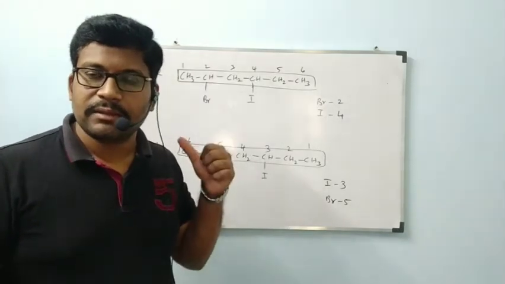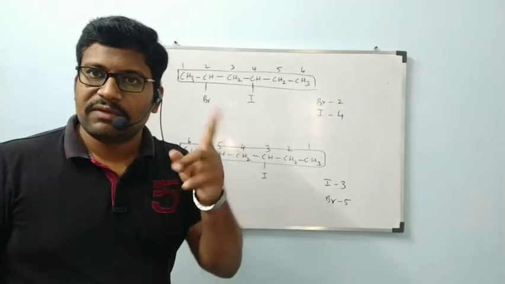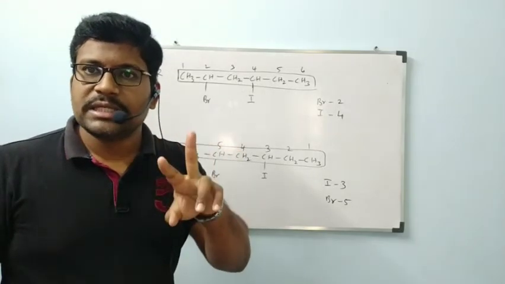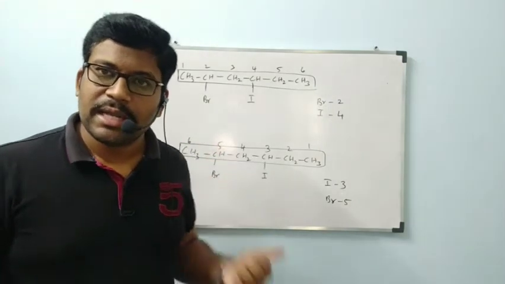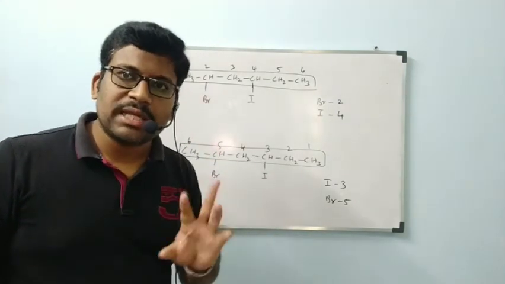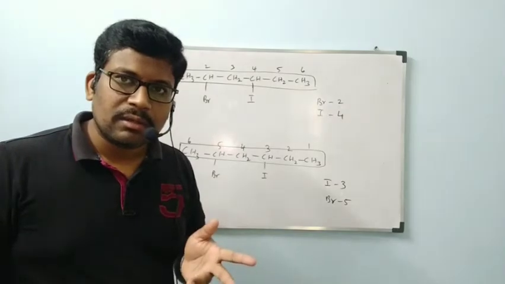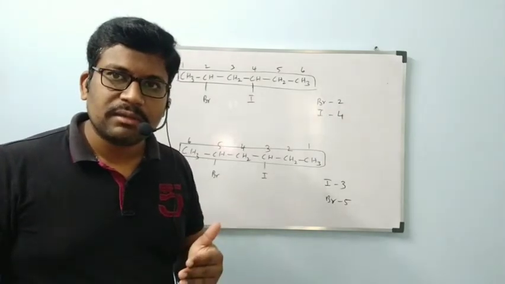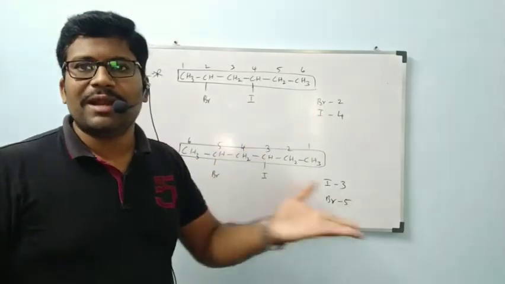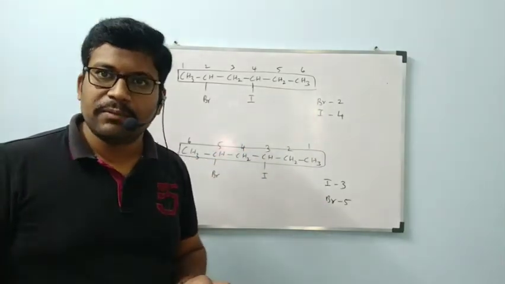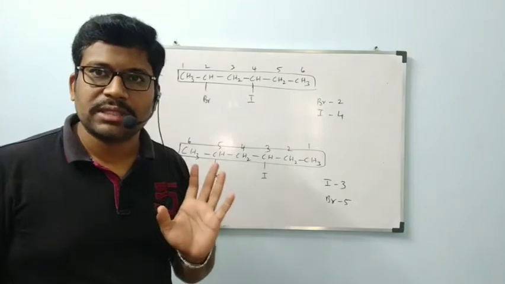Same as the previous one, where we had two side chains getting different numbers and both were equally important. Like that here also, two substituents are equally important. Then which one is getting the least number? Left to right. Whether it is bromine or iodine, both are equally important, so we have to look at the least number.